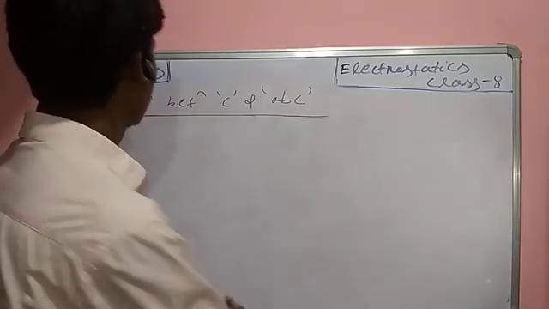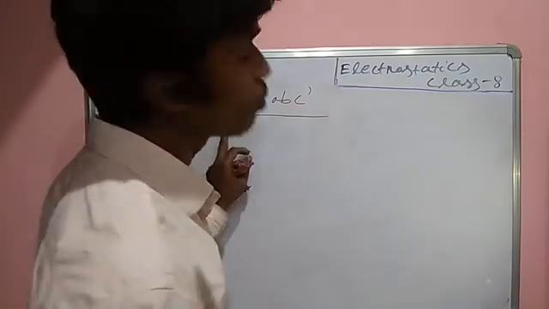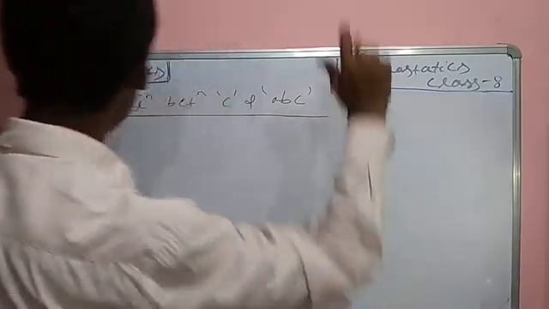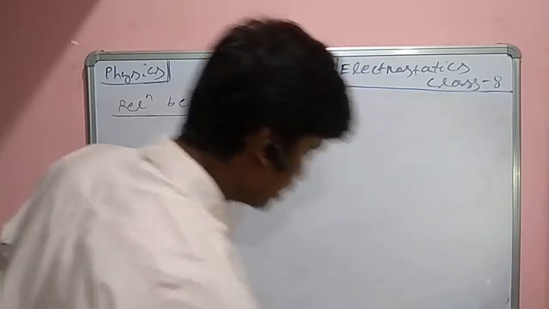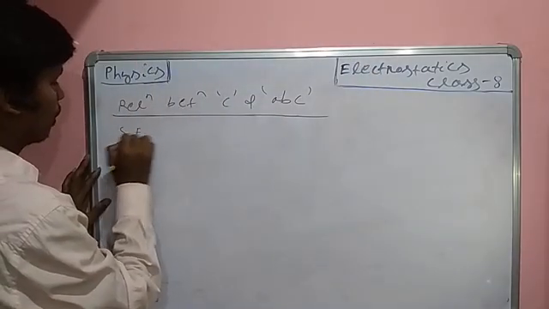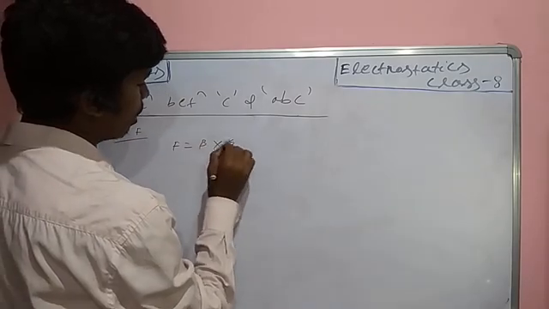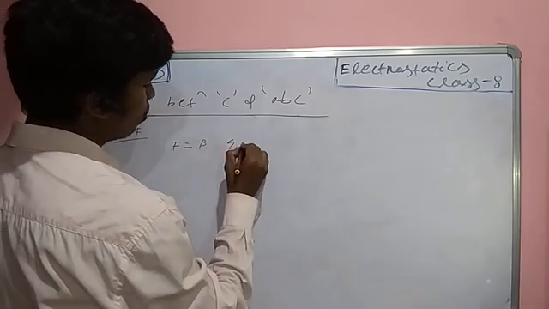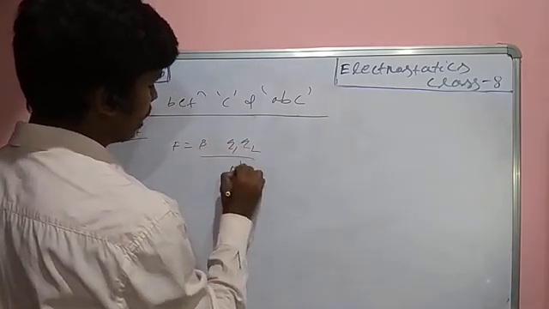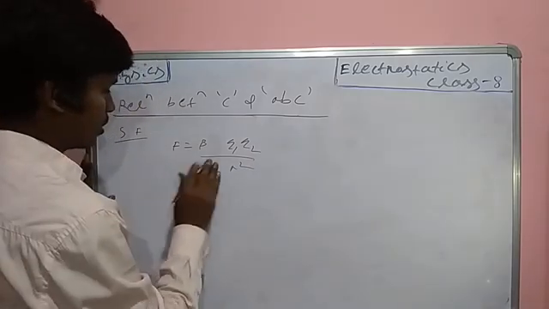Now we will discuss the relation between coulomb and abcoulomb. Similarly, in SI, F is equal to beta into Q1 Q2 by R square, yes or no?